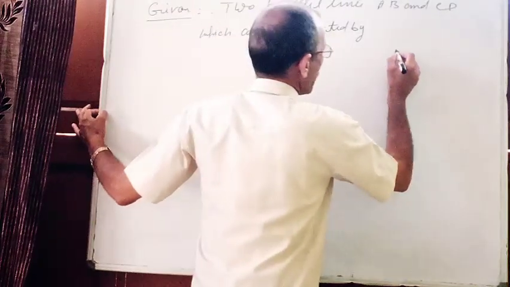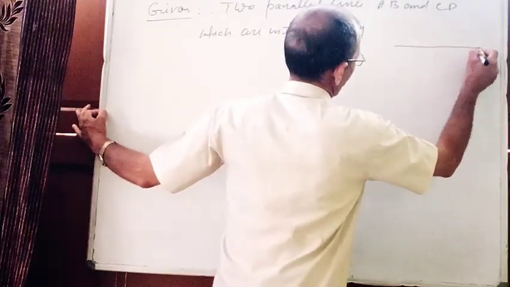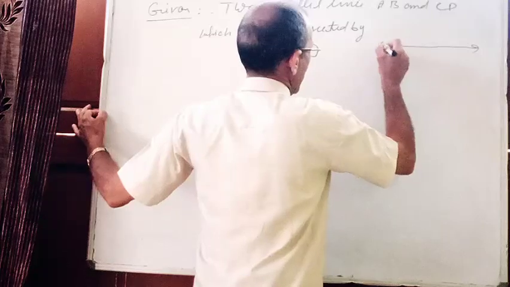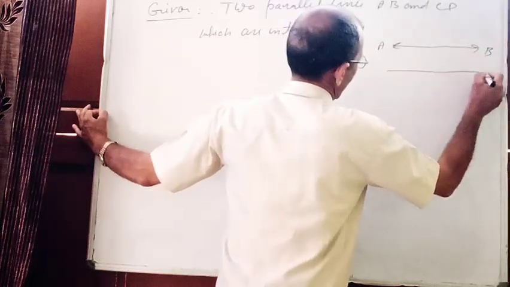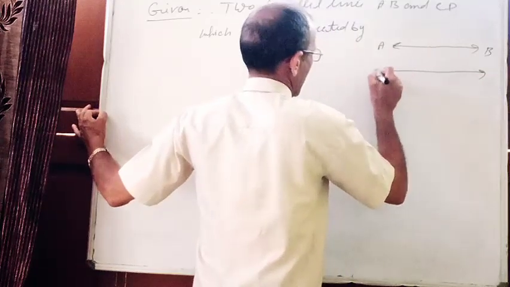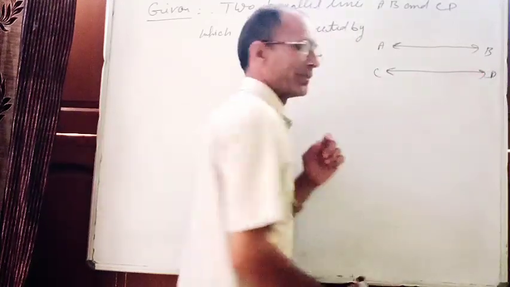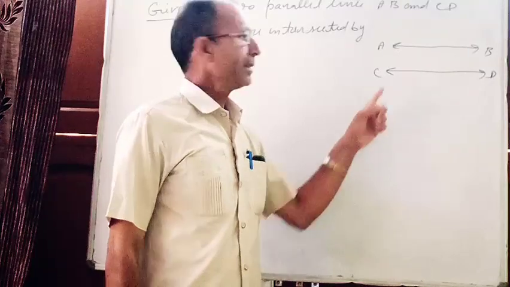This is AB and this is CD. These are parallel lines. Are you understanding?